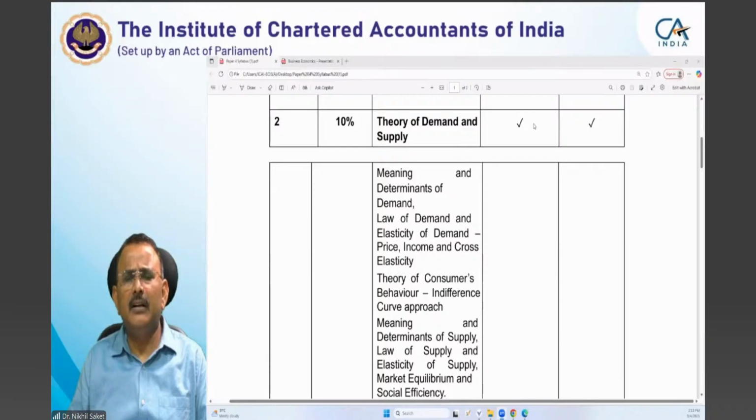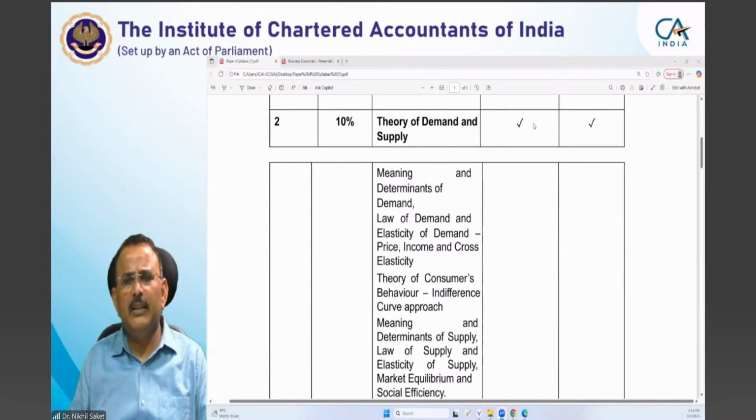From September 2024, you have the advantage that students are also getting the question paper, so you can have a feel of it. Initially, before that, you had to mark the answers in the question paper itself and submit that paper.